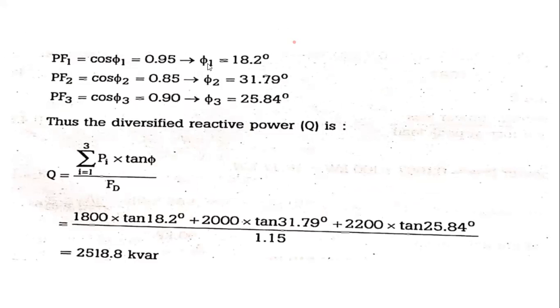Then we determine the phi 1 value: phi 1 is equal to cos inverse of 0.95.